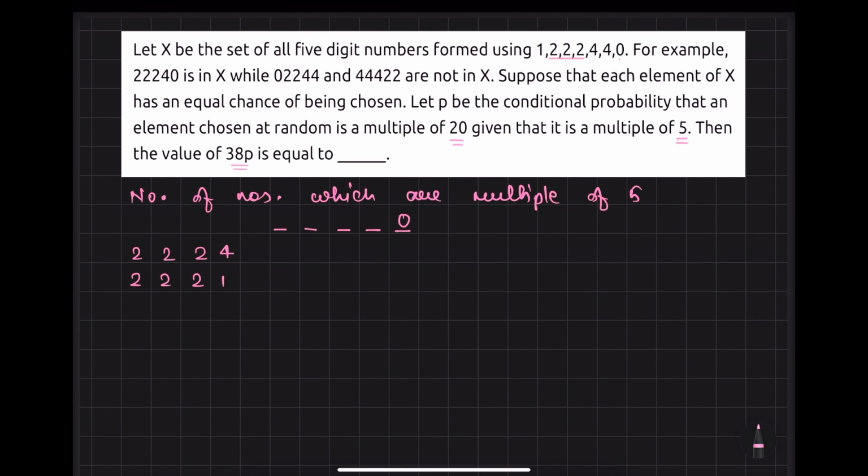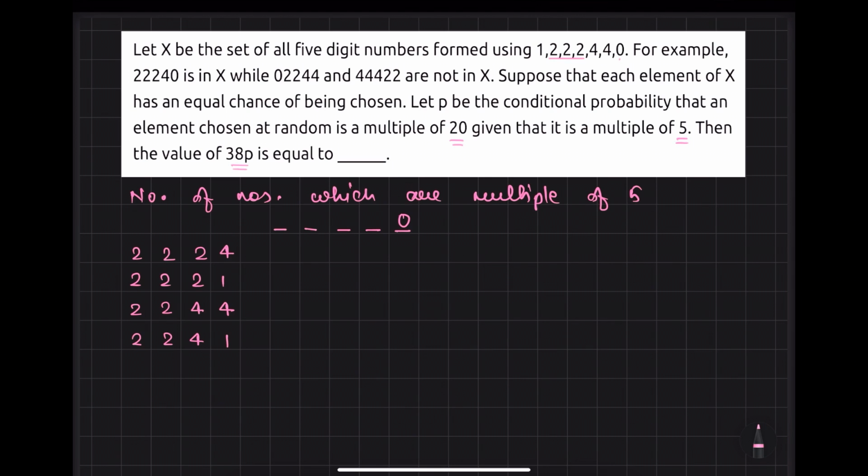So if 2 is taken thrice, you have to use 4 or 1 once. Now I will reduce the number of 2s. So 2, 2, and now I can use two 4s. So 4, 4, or I can use 2, 2, 4, 1. I cannot use 0, because 0 is already being used.